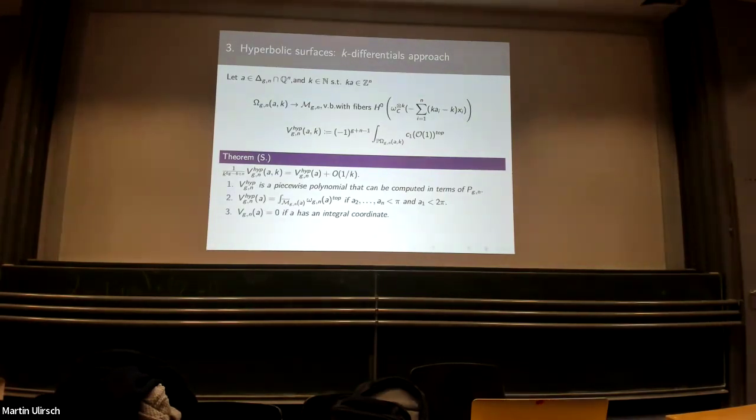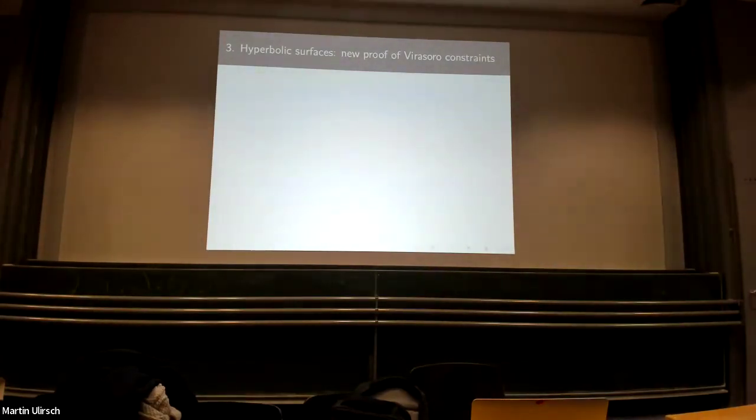V_{g,n}(a) is equal to 0, and I will come back to this in 2 seconds. This is the most important property, if a has an integral coordinate. So same thing as before. And V_{g,n}, if I divide by this sine product, is continuous and greater or equal than 0. This is basically the same as what I was proving before. But now you see this polynomial is of degree 6g minus 6 plus 2n. It's a different range of this polynomiality as well.